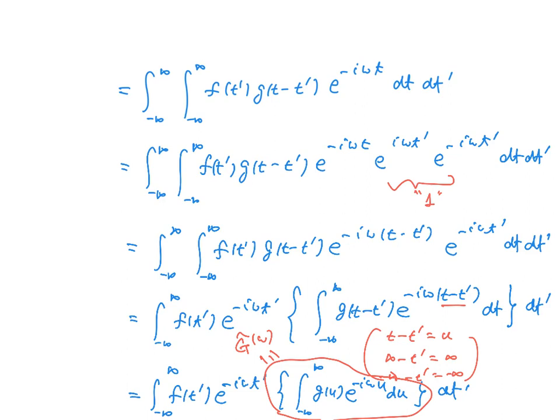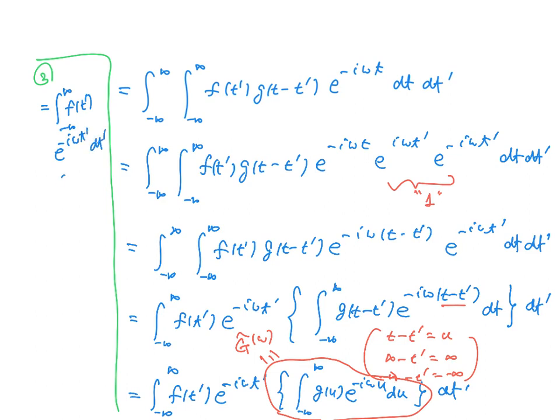So then it becomes the integral from minus infinity to infinity of f(t') e^{-iωt'} dt' times g tilde of omega. But this is f tilde of omega, right?